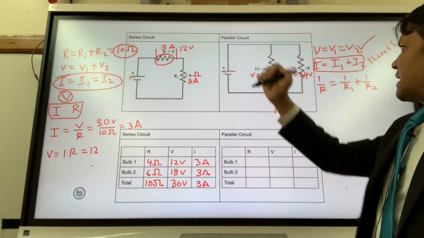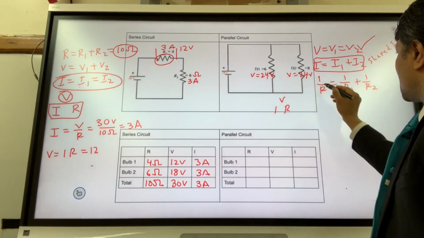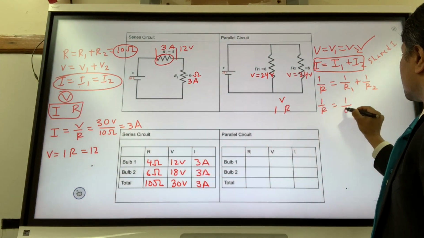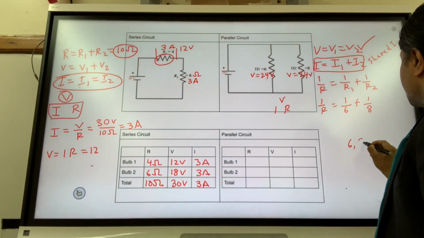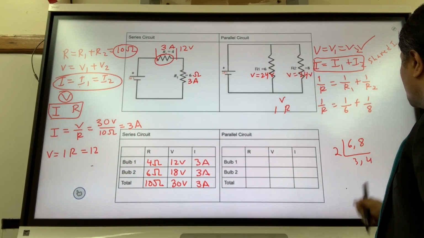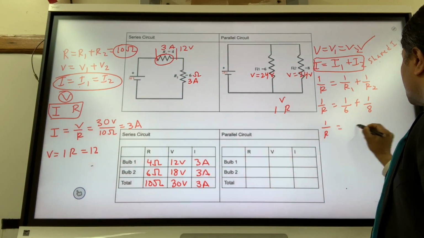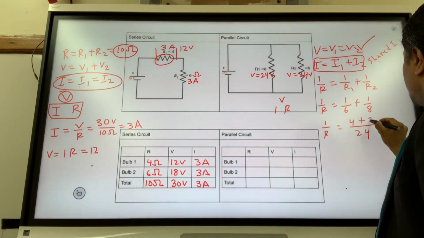So the total current would be, before we do that, let's find the equivalent resistance. 1 over R is equal to 1 over 6 plus 1 over 8. The LCD of 6 and 8 is 24. 6 goes into 24 4 times, 8 goes into 24 3 times.